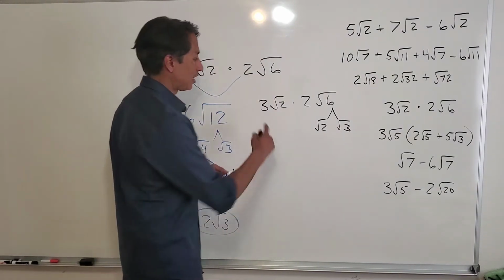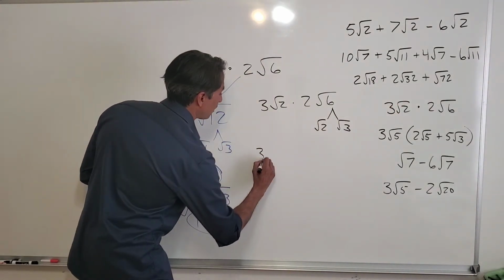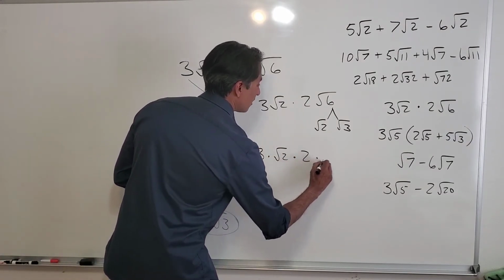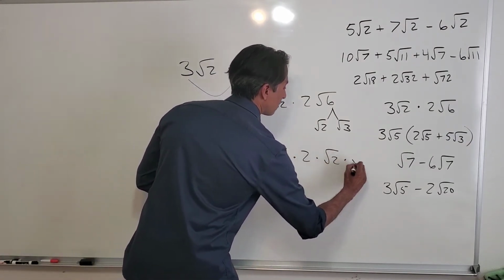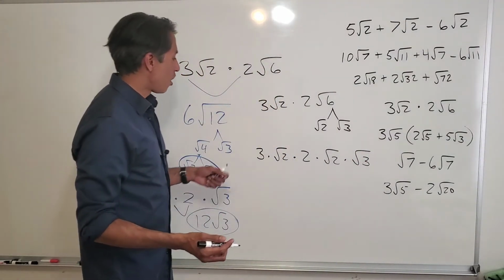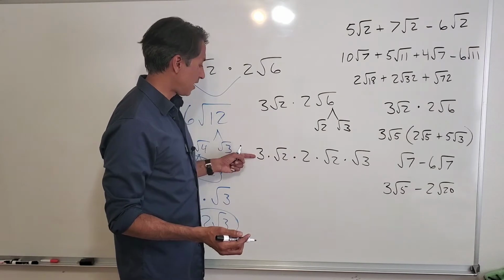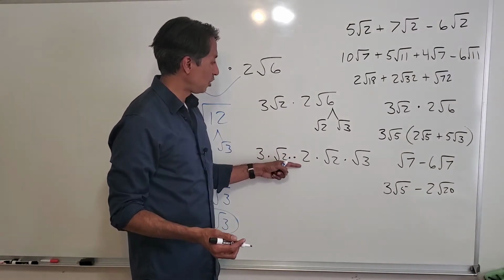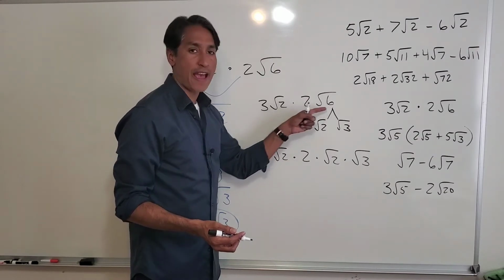And now what you have is this whole big multiplication thing. You have a 3 times a square root of 2 times a 2 times a square root of 2 times a square root of 3. So do you see how I wrote that? All I did was take the first part and rewrite it here. Then I took the times sign, and then it was times 2. And then these are the factors, right?